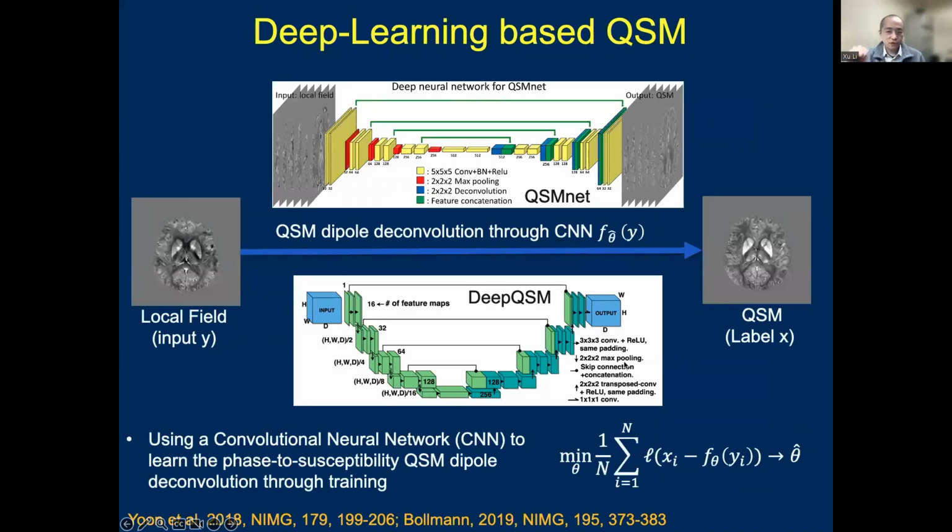After the first QSM challenge, there's been a development trend for deep learning based QSM, like the work in QSMnet and also DeepQSM. For most of the deep learning based QSM, the basic idea is we train a powerful neural network that can approximate the nonlinear dipole inversion function to get the QSM maps from the local magnetic field.